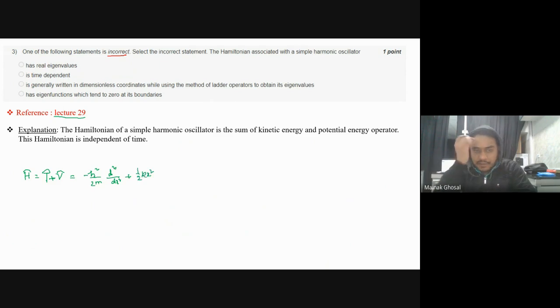For the harmonic oscillator, the potential energy is nothing but half kx square. This is the point I am making, and you can see this is time independent. There is no time dependent part.